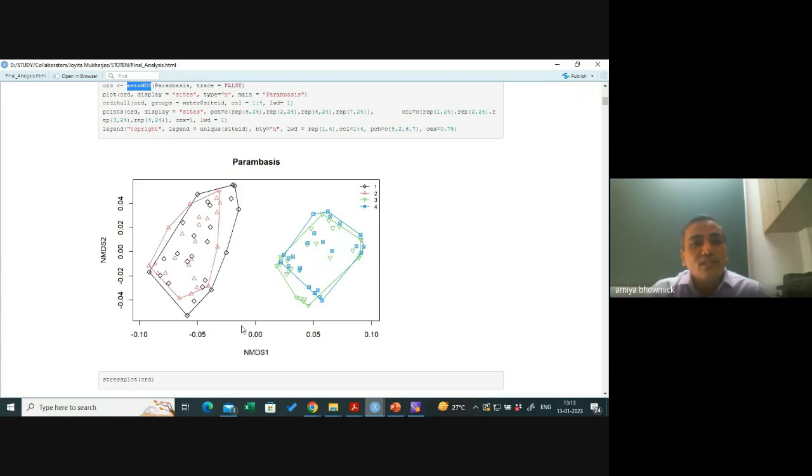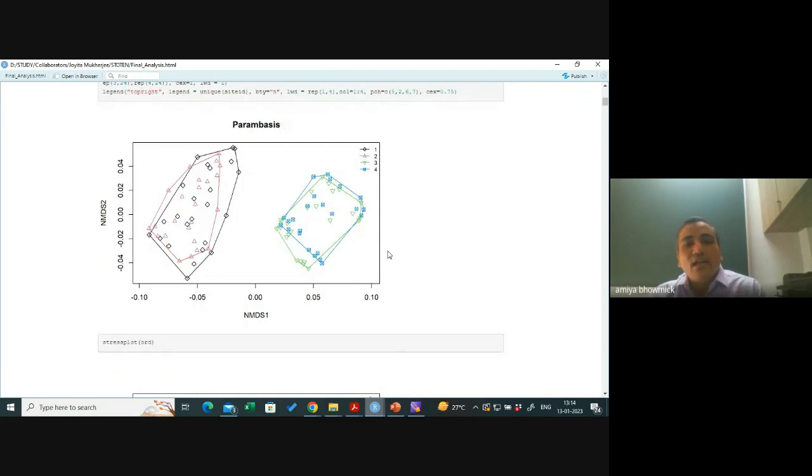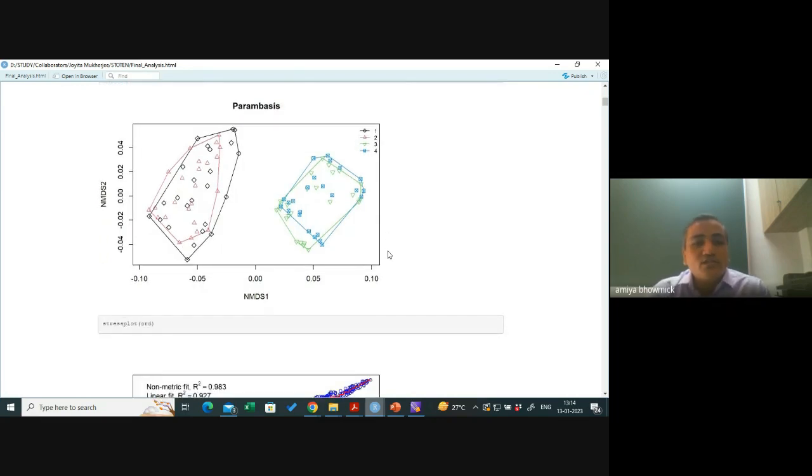How is that significance measured? Say, for example, for NMDS axis one, we check whether there is a significant spread along the y-axis and along the x-axis. This is how we check it, mainly with Levene's test and Bartlett's test, the two tests that are carried out.